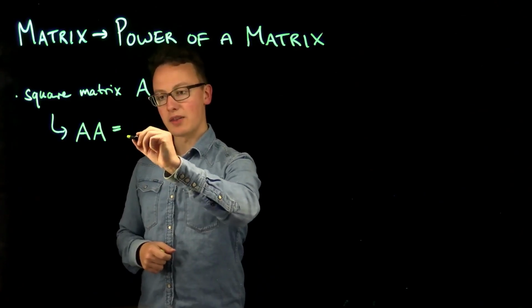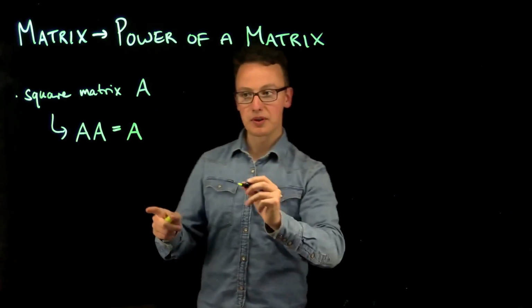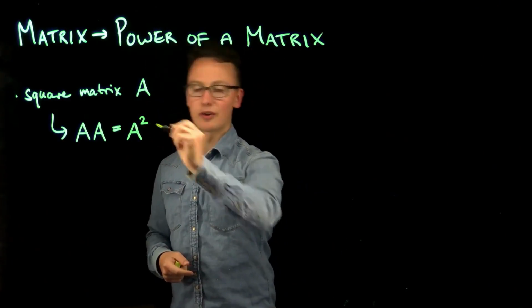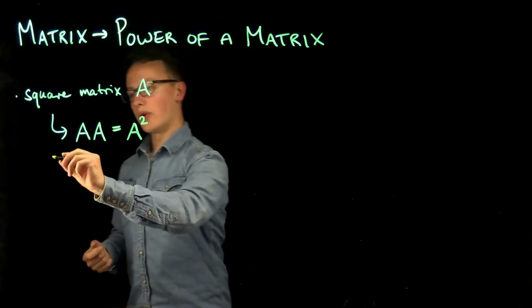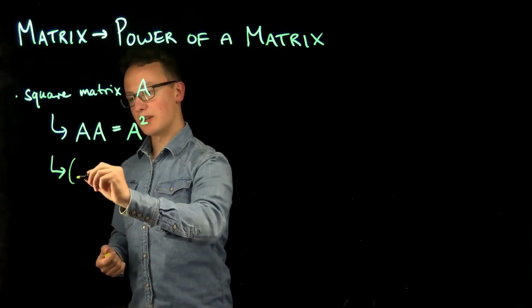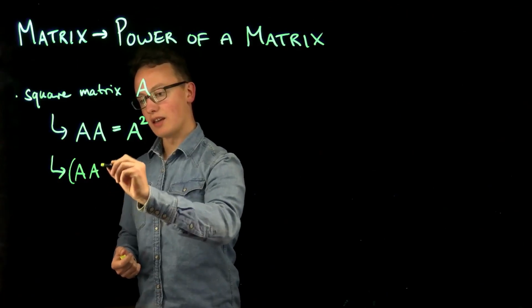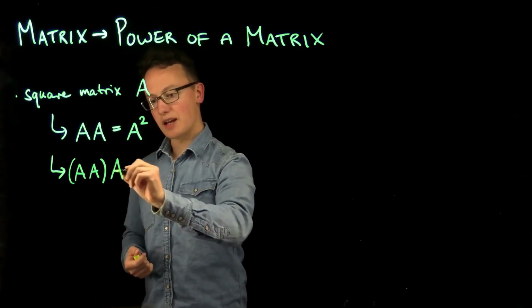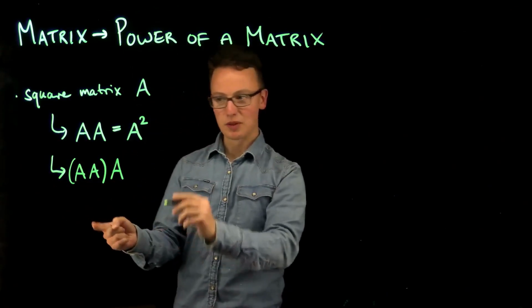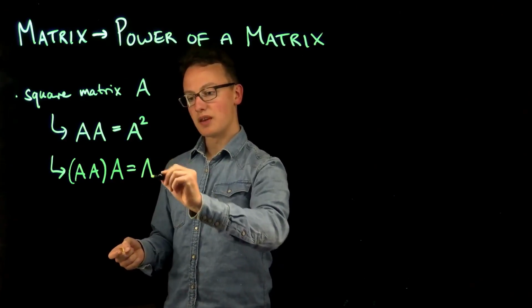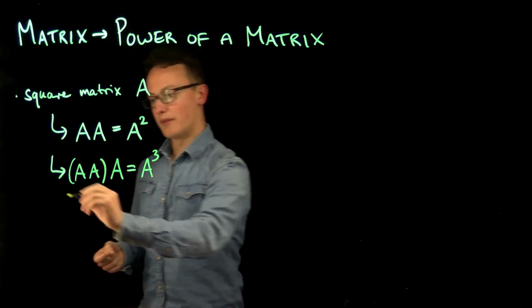And we could also write this, just as we would do for numbers, as A to the power of 2, okay? Or if we were to do the matrix multiplication of A, and then that multiplied by A again as another matrix multiplication, then this would be A to the power of 3, and so on.